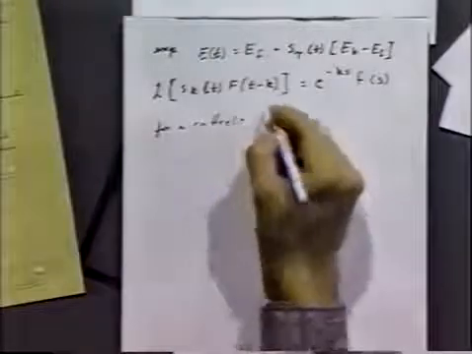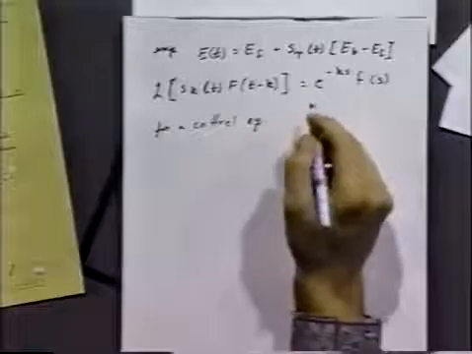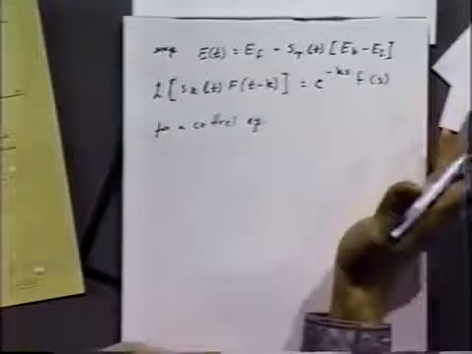For a Cottrell equation type experiment, it's not a Cottrell system exactly, because in a Cottrell we just step forward.